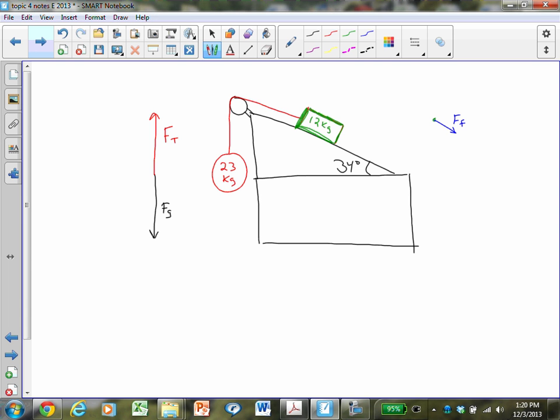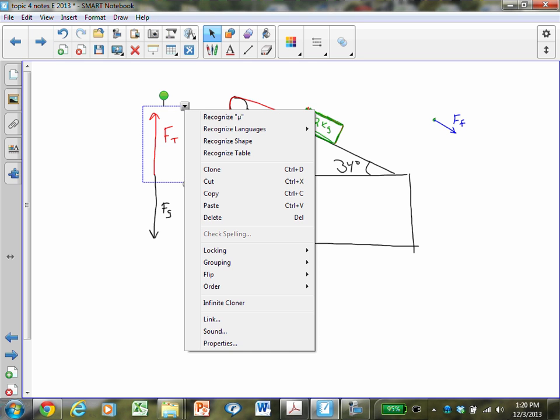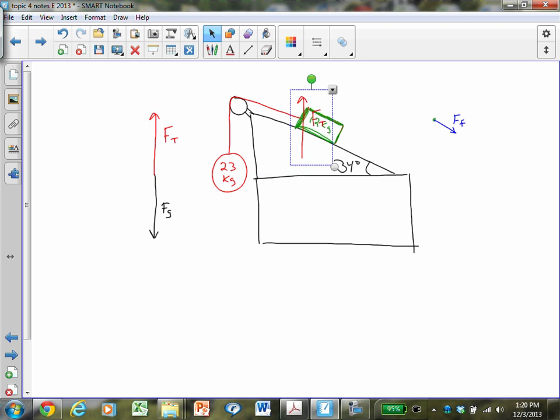Okay. Now, what other forces do we have on it? We have a tension force, and that happens to be the same as this one, so we'll just clone this. Of course, it's not in the same direction, is it?